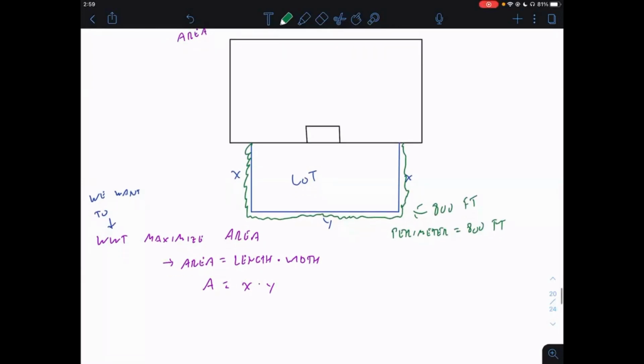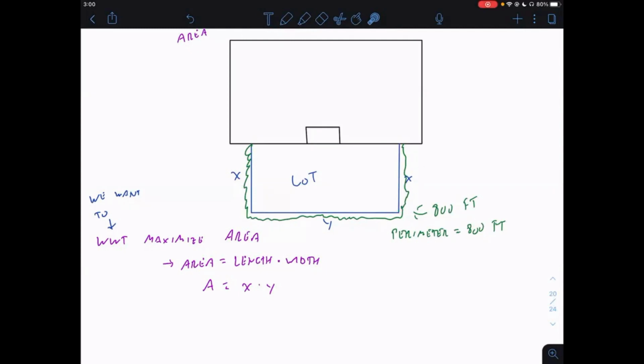Okay, so our perimeter is 800 feet, but how do we define the perimeter of this specific rectangle that we're working with? Again, what does the perimeter of a polygon represent? The perimeter of a polygon represents the distance along the sides of that shape. Meaning the distance around the left side plus the distance along the bottom side plus the distance along the right side.